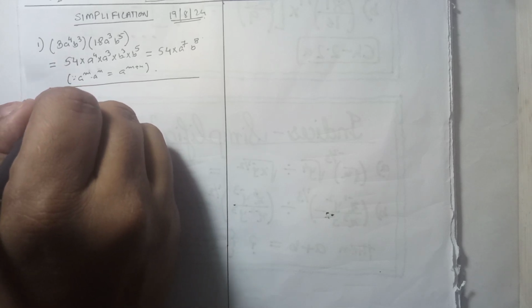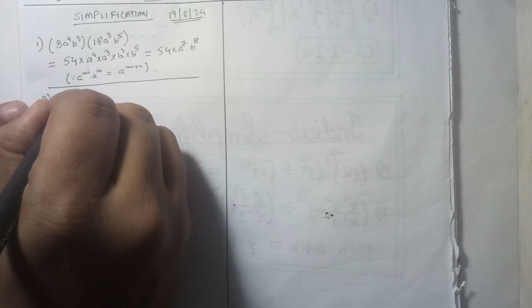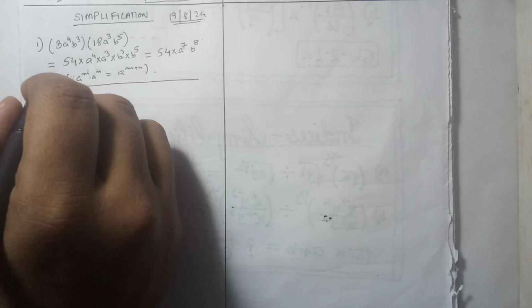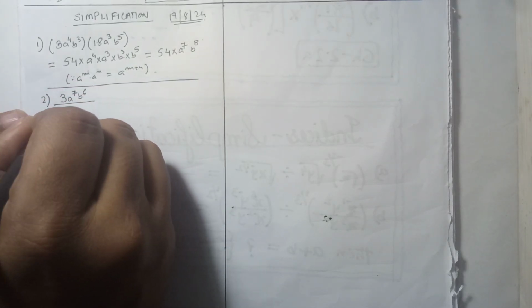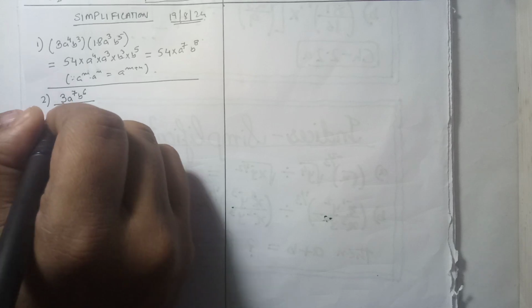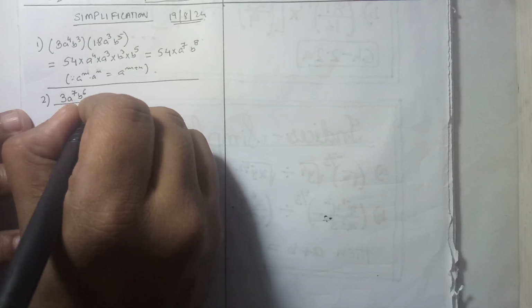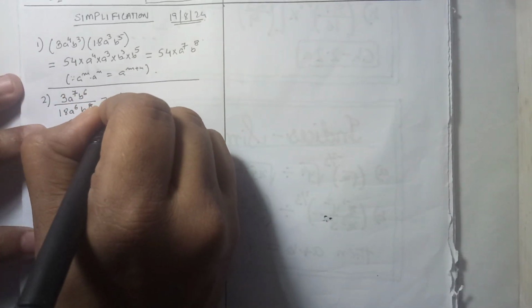3 a to the power 7 into b to the power of 6 divided by 18 a to the power 6 into b to the power 8. 3 by 18 cancels to 1 by 6.